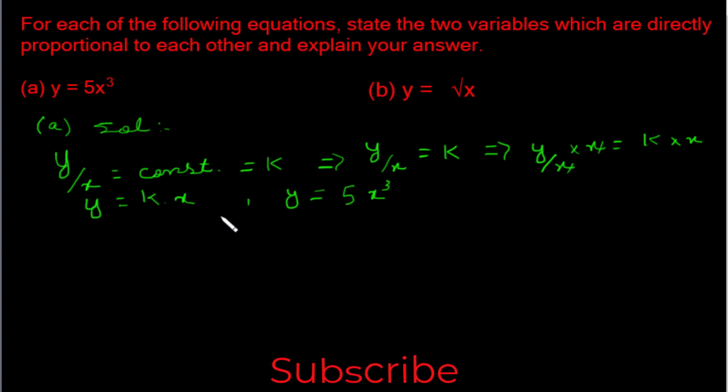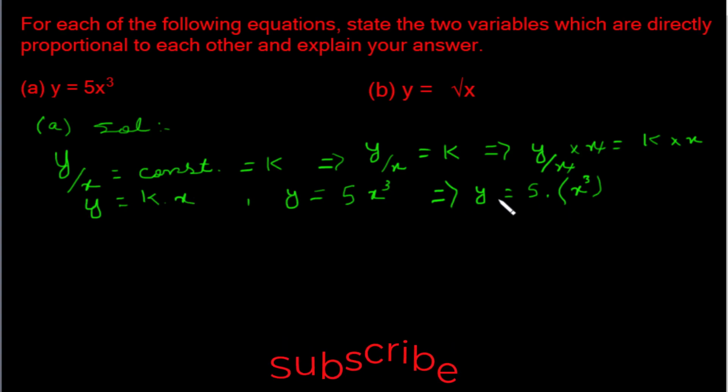If you see carefully, we can write this equation as y is equal to 5 times x cubed. Here the constant k is 5, but instead of multiplying k with x as in this one, we are multiplying k, our constant, with x cubed.